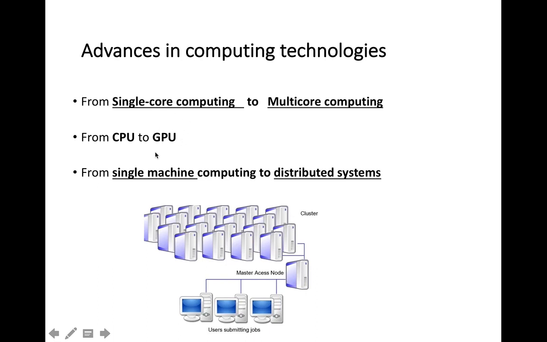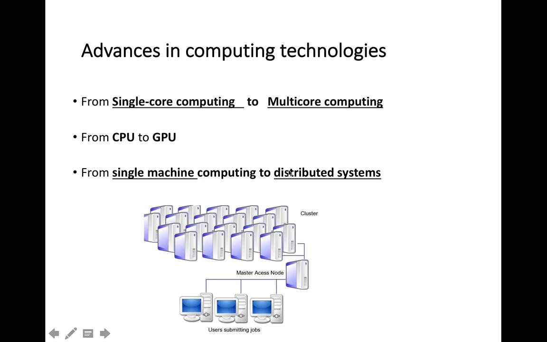However, there is another computing framework. That's called a distributed system. Distributed system means not just a single machine. It is a bunch of machines, a cluster of machines. You have 100 machines, 200 machines, not just one single machine with multiple cores or with GPU.